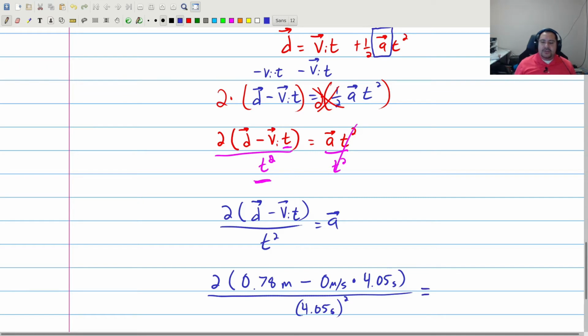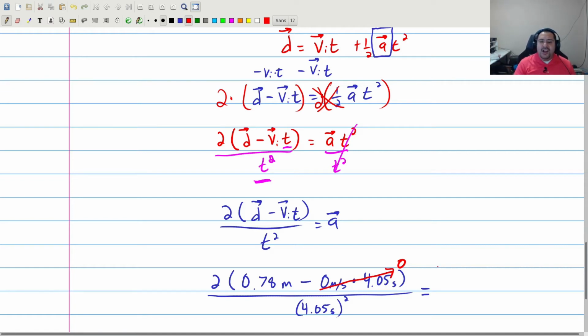One thing to save you some strokes on your calculator: you'll notice this 0 is being multiplied by 4.05. When you multiply 0 by anything, that becomes a 0. So we don't need to worry about that whole piece because subtracting 0 doesn't do anything.